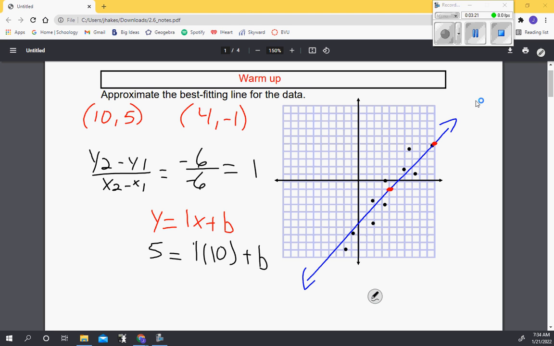Now I'm going to solve for b. I get 5 equals 10 plus b. I'm going to subtract 10 from both sides, and I get negative 5 is equal to b. So my equation, and this equation should be similar to yours, is y equals 1x minus 5.